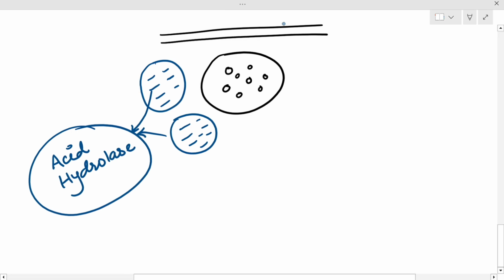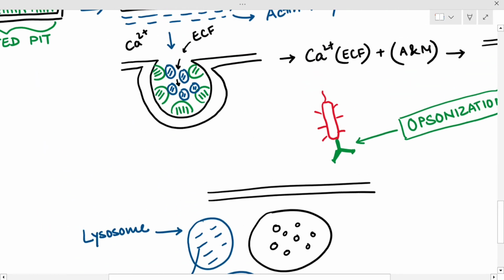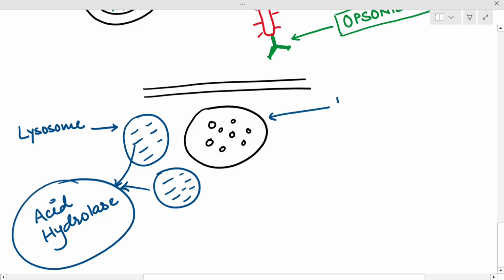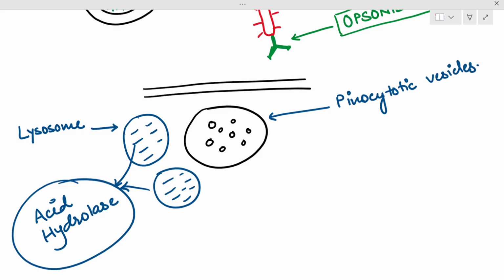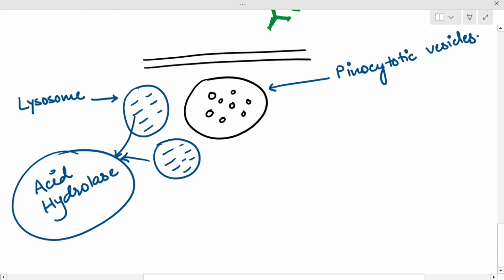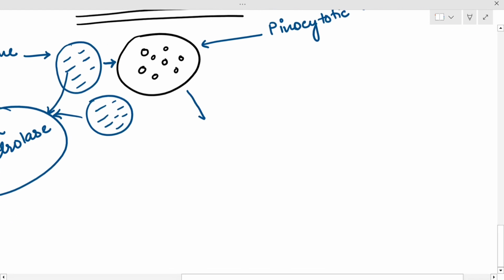Acid hydrolase. These are lysosomes. This is the pinocytotic vesicle. Okay. Now what happens? This lysosome will get attached with these pinocytotic vesicles. After being attached, this lysosome will transfer this acid hydrolase into the pinocytotic vesicles.